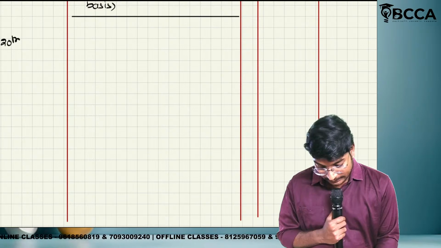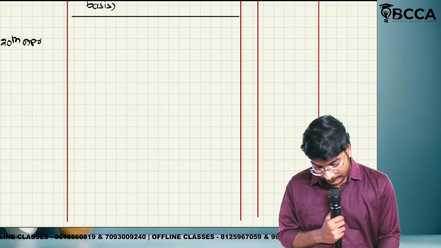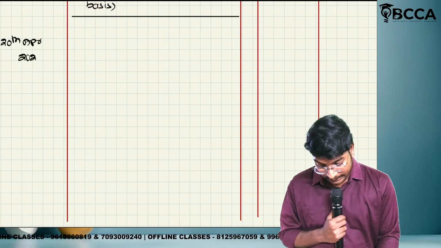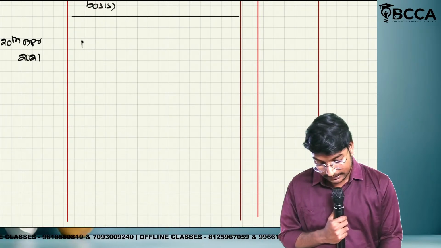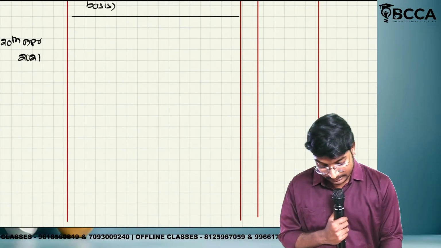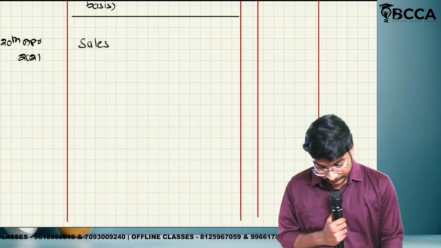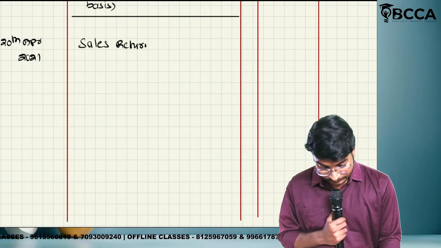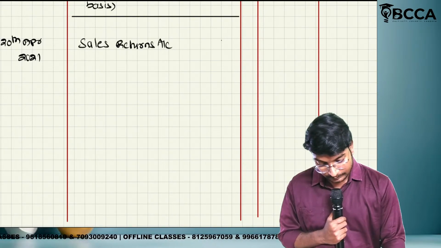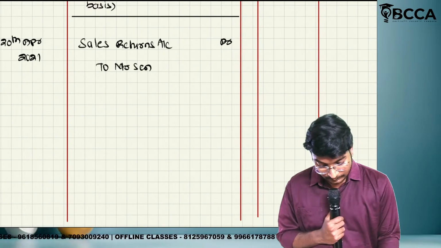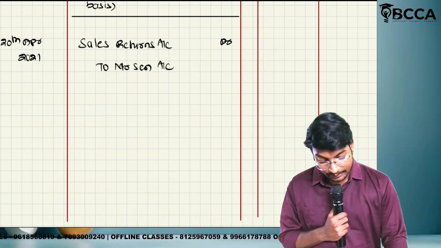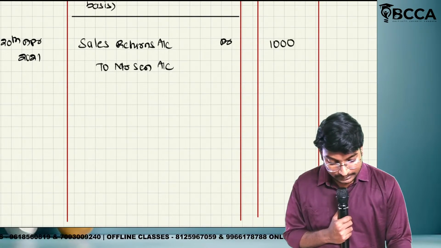So 20th April 2021. What is the entry, ma? Sales returns account debit to Mr. Sen account. What is the amount, ma? 1000 rupees.